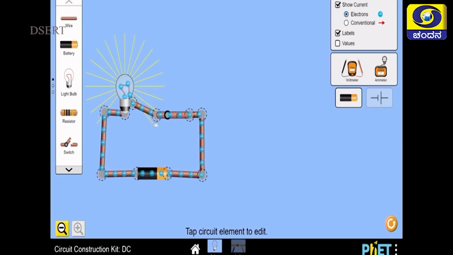the flow of charges, that is the flow of electrons, is from the minus terminal of the cell to the plus terminal of the cell through the wire and through the bulb, and also you can see the bulb is glowing. That means the circuit is closed and the charges are moving.